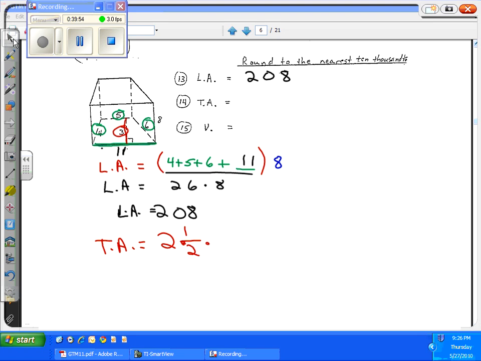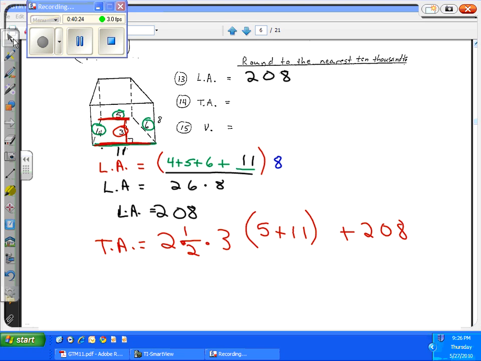The height of the trapezoid is the 3 times the sum of the bases, upper base 5, lower base 11. So that gives us 2 times the area of the bottom, which is 1/2 the height times the sum of the bases, and then we would add to that our lateral area that we've already calculated, which is 208.